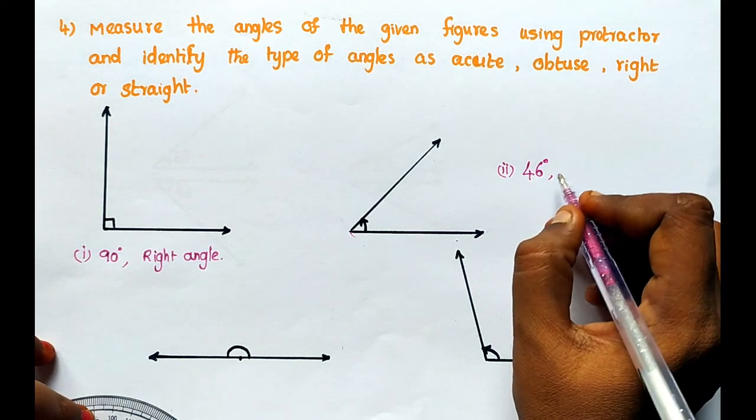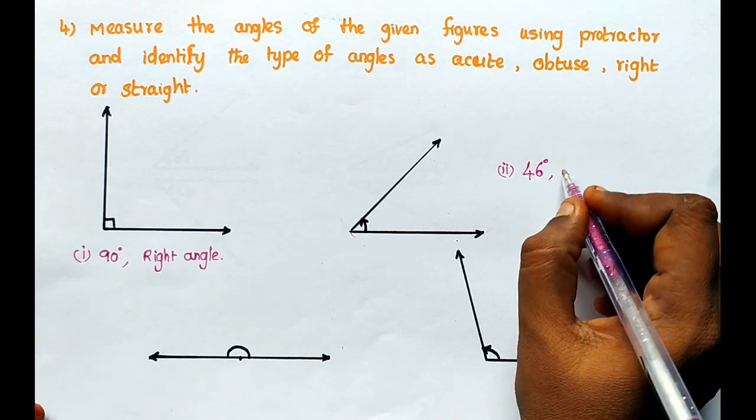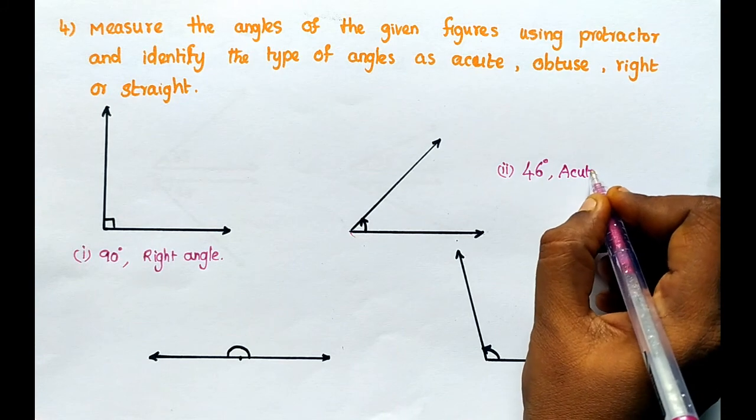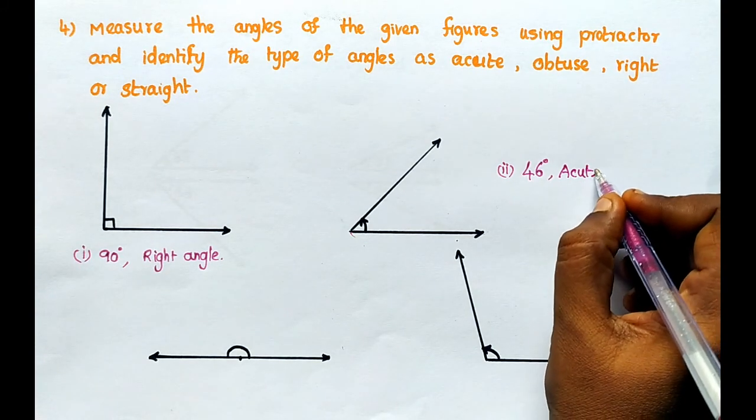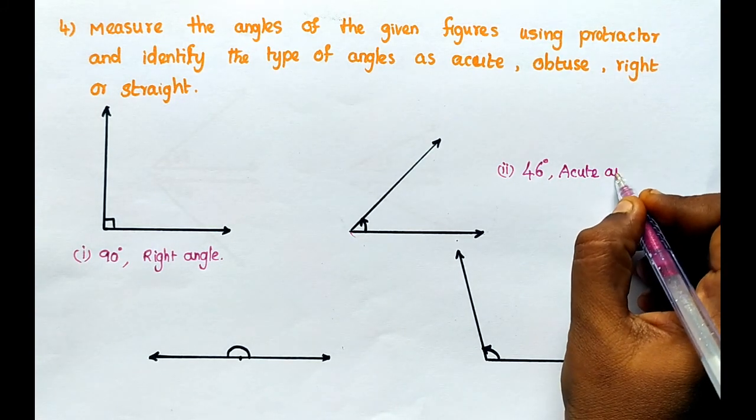What type of angle is this? Acute angle, that is less than 90 degree. So acute angle.